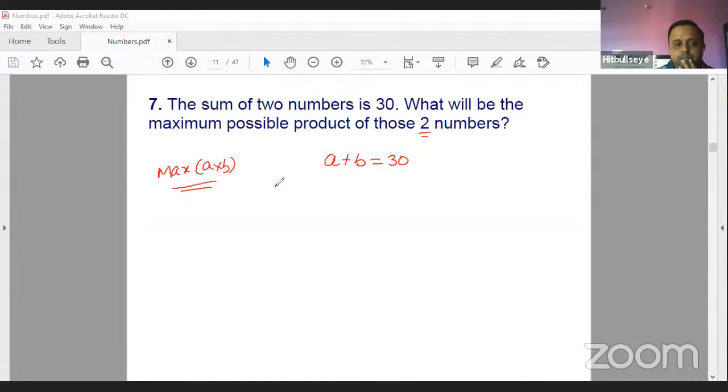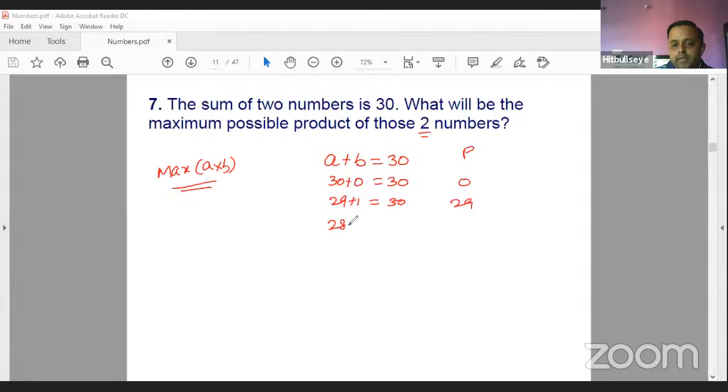Good, Sunny. There are a lot of possibilities for two numbers to add up to 30. One of them is 30 plus 0. In this case, the numbers used are 30 and 0, so the product is 0. Next is 29 and 1, the product will be 29 only.